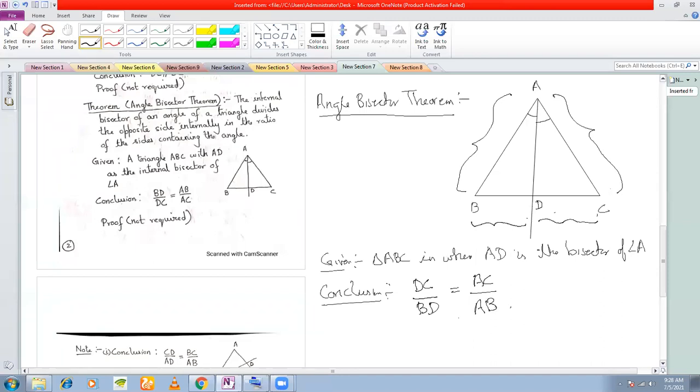Okay, so this is what is called the angle bisector theorem. The statement you can read here. Okay, this is the meaning of the angle bisector theorem.